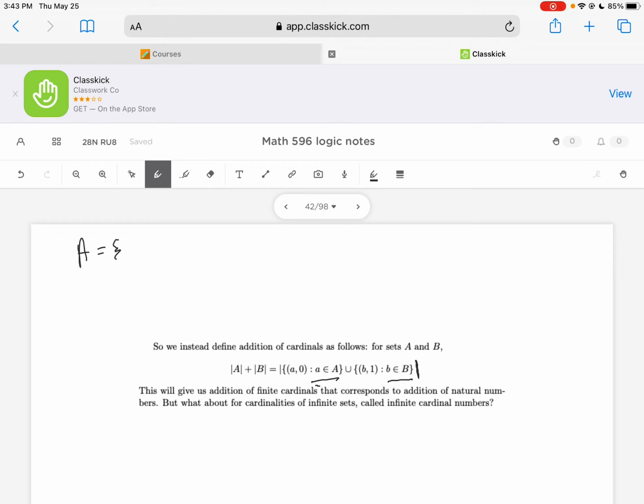So let's just test this out and make sure that it worked in our last example, where A was the set {1, 2, 3} and B was the set {1, 2}. We want to make sure that the cardinality of A plus the cardinality of B is actually 5.